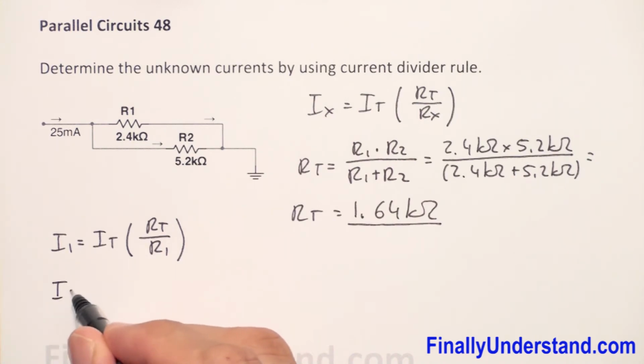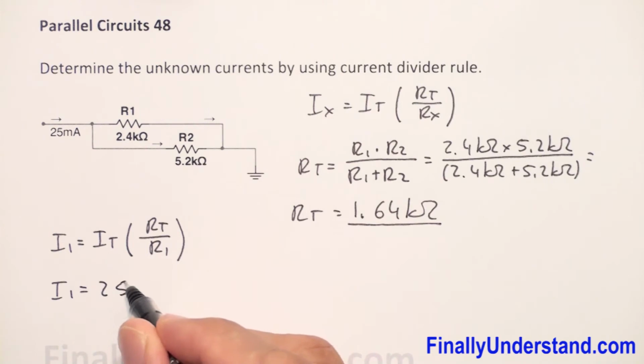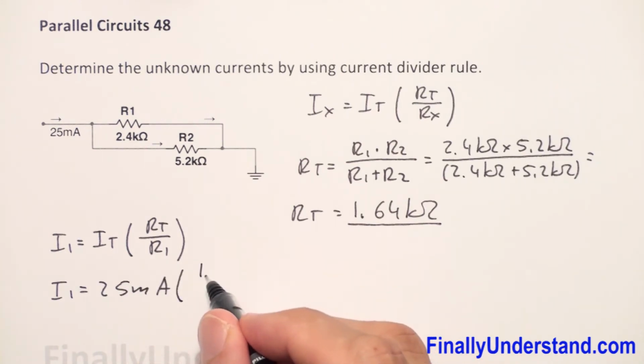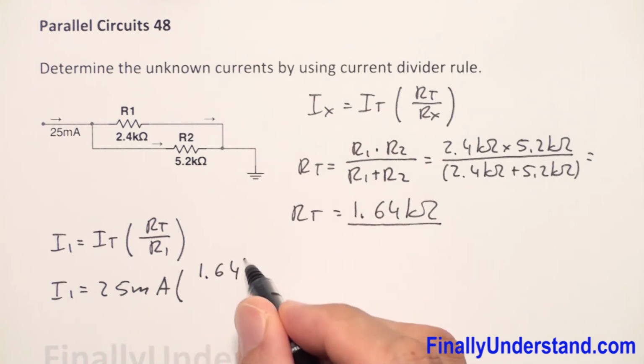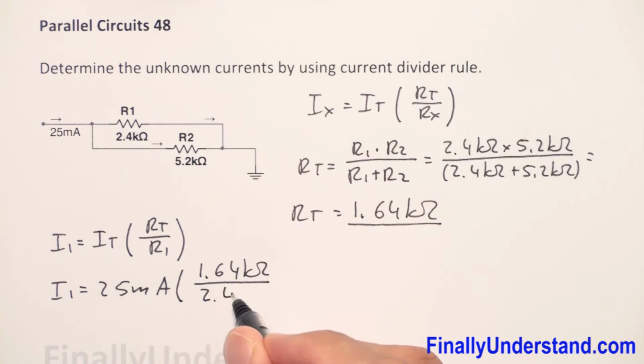So we have I1 is equal I total, 25 milliamps, times R total, which is equal 1.64 kilo ohms, over R1, which is equal 2.4 kilo ohms.